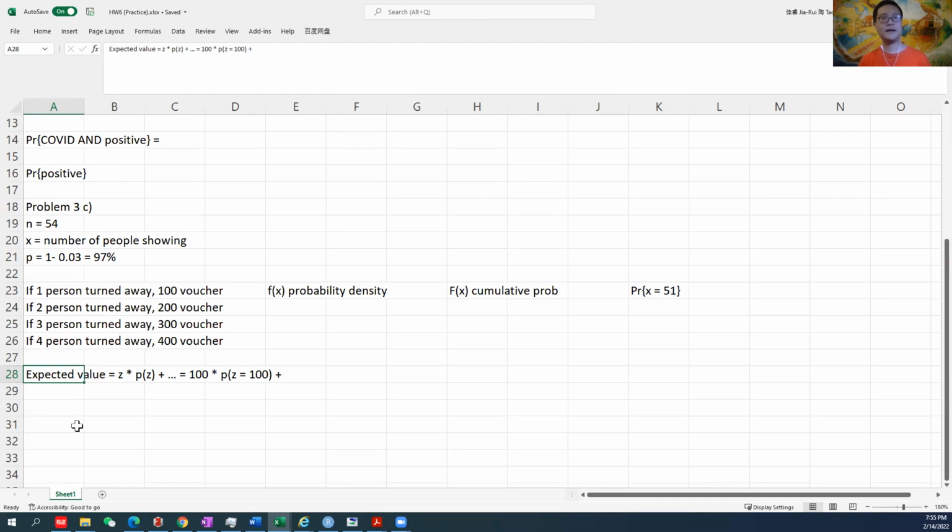So the expected value of all these occasions is that we multiply the value of a voucher with the probability of observing such a value. And we need to sum over all the possibilities. That's how we get the expected value. And in many cases, it's also interpreted as the average value of the vouchers.